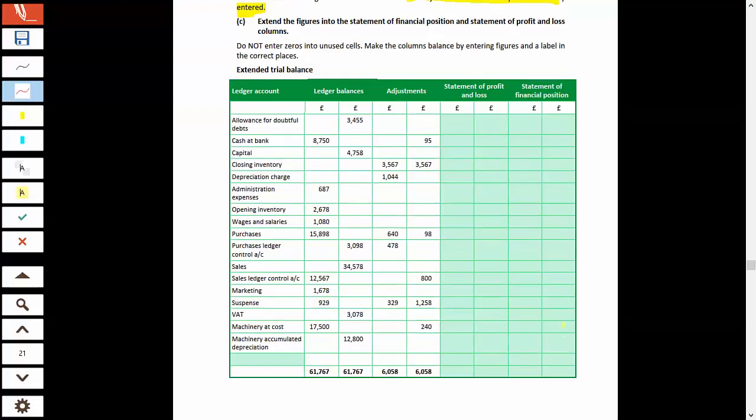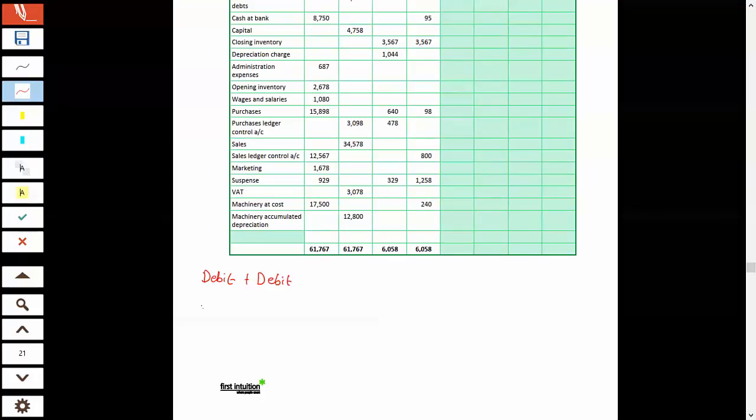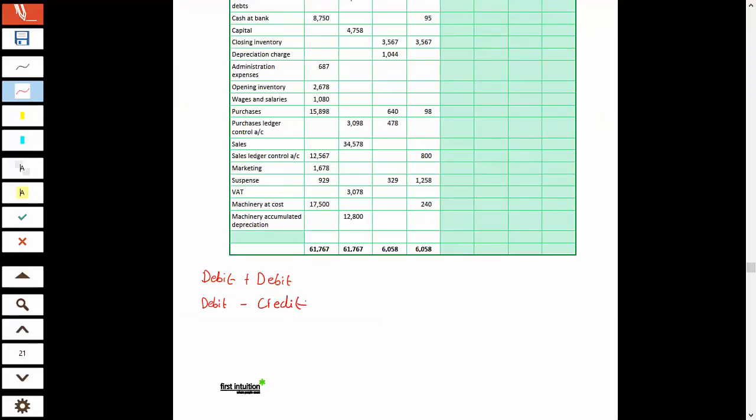So when we're working on these, I'm just going to scroll down quickly. If we have the initial balance of a debit and we have the adjustment of a debit, we're going to add those two together, aren't we? So a debit plus a debit will get transferred over to the relevant statement. If we have an initial debit, but the adjustment is a credit, we're going to deduct it. You can probably see where I'm about to go with this.